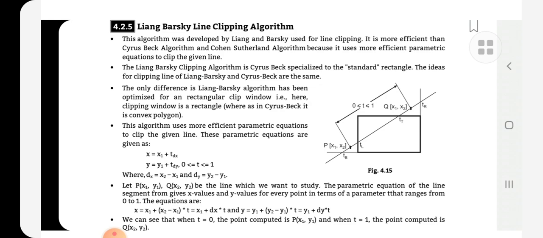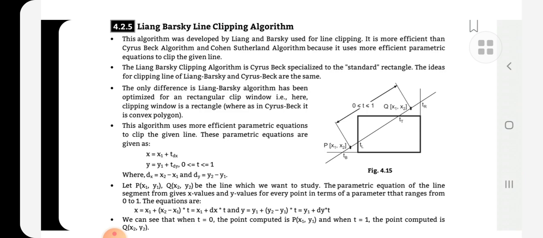This algorithm is significantly more efficient than Cohen-Sutherland. The ideas for clipping a line in Liang-Barsky and Cyrus-Beck are the same. The only difference is that the Liang-Barsky algorithm has been optimized for an upright rectangular clip window.